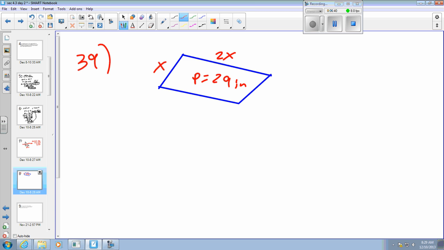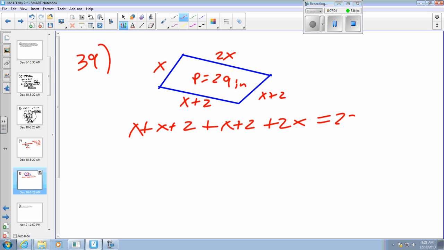The other two sides are equally long and are 2 inches longer than the shortest side. So they're the same, so x plus 2, x plus 2. Making my equation, I'm going to have x plus 2 plus x plus 2 plus 2x equals 29.